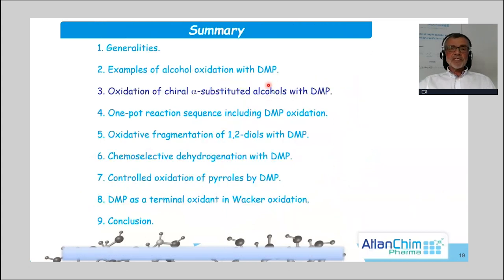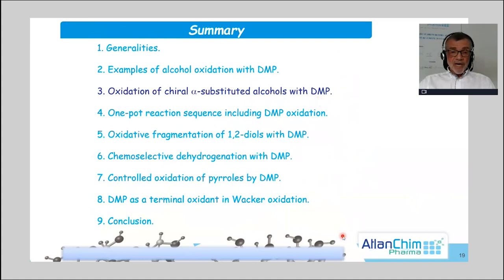Also, Dess-Martin's reagent is well known for its usefulness in oxidations of optically active alpha-substituted aldehydes, highly susceptible to epimerization when other oxidation conditions are used.